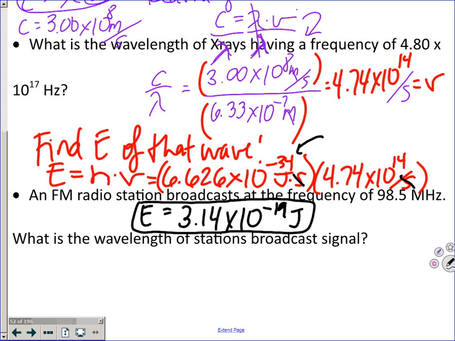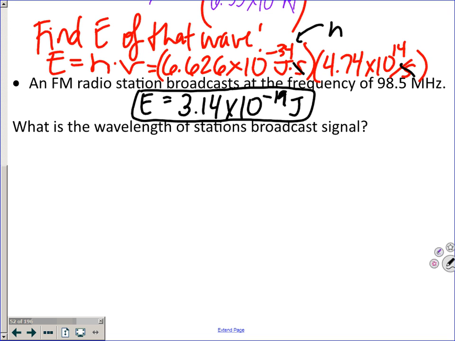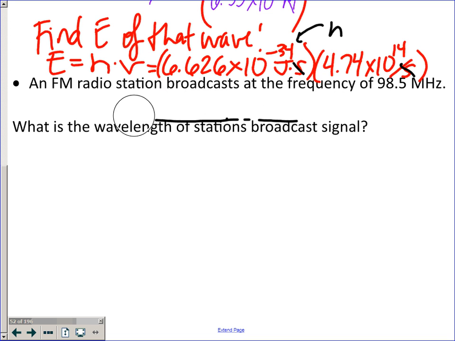This is called h. This is Planck's constant. Now, we're starting over. Now I'm going to maybe erase a little bit. I want you guys to take this FM station, that's 98.5 megahertz.